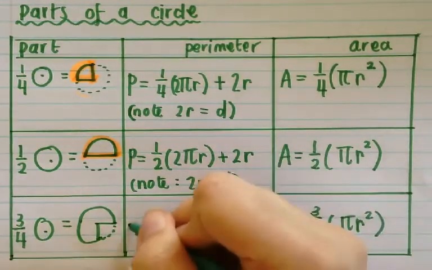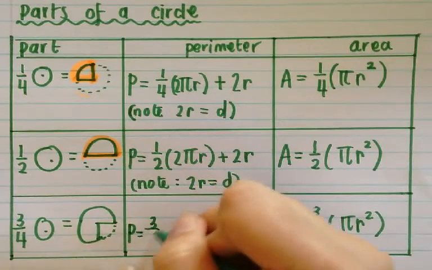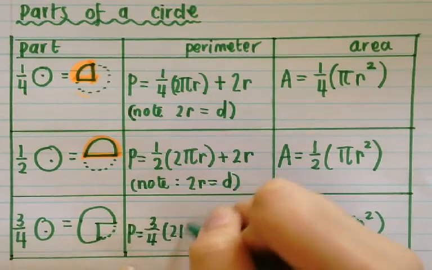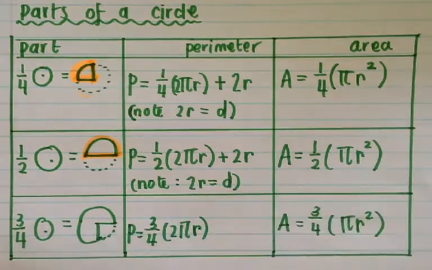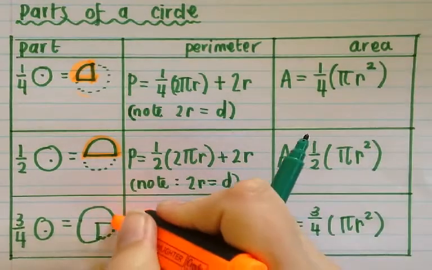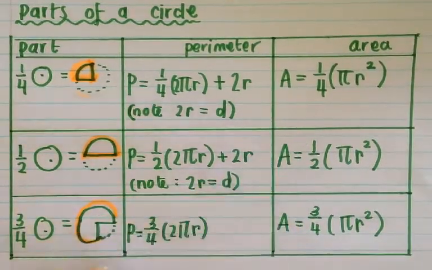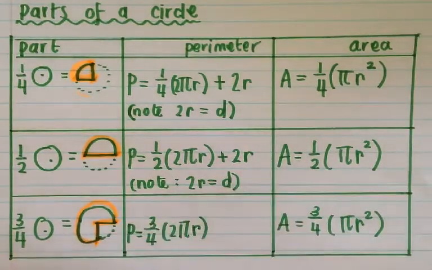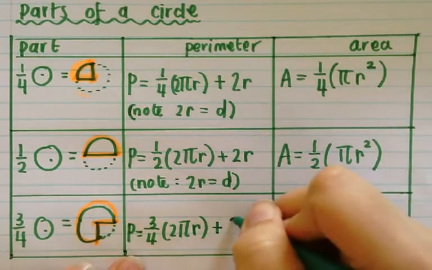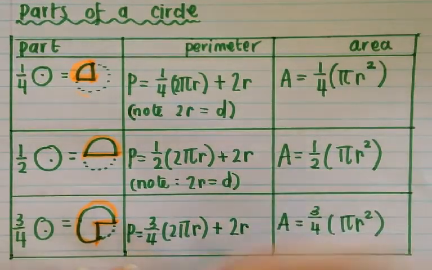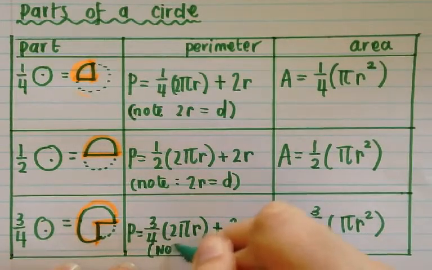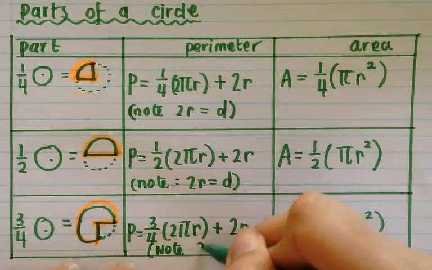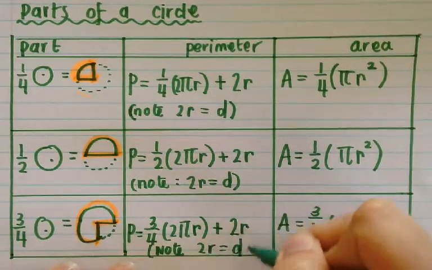Now if I take my perimeter and only take 3/4 of the full perimeter, I will have only my curve. But I need to close that shape with 1, 2 radii. And my 2 radii could also be changed out with a diameter.